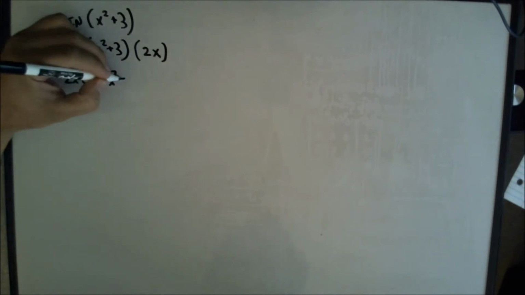Now that I've done this, I'm going to only care about what's in between those parentheses. And I'm going to say, well, the derivative of this is going to be times 2x. And we can simplify that to 2x cosine of x squared plus 3. And we have our derivative.